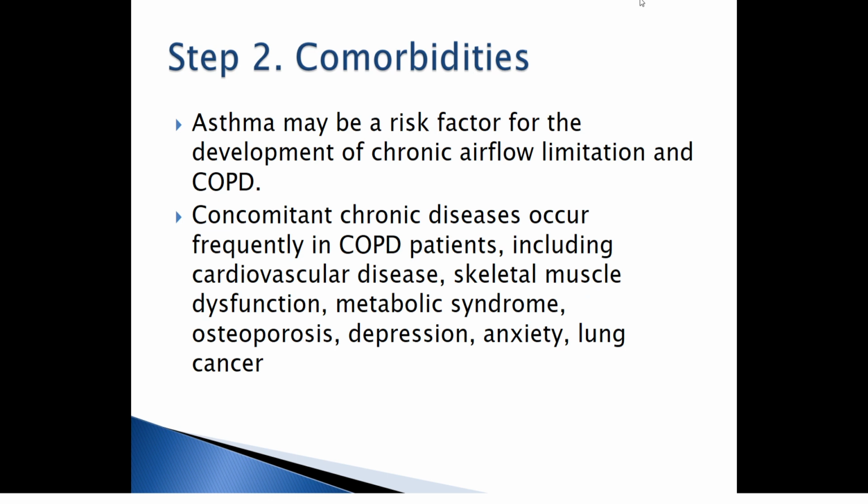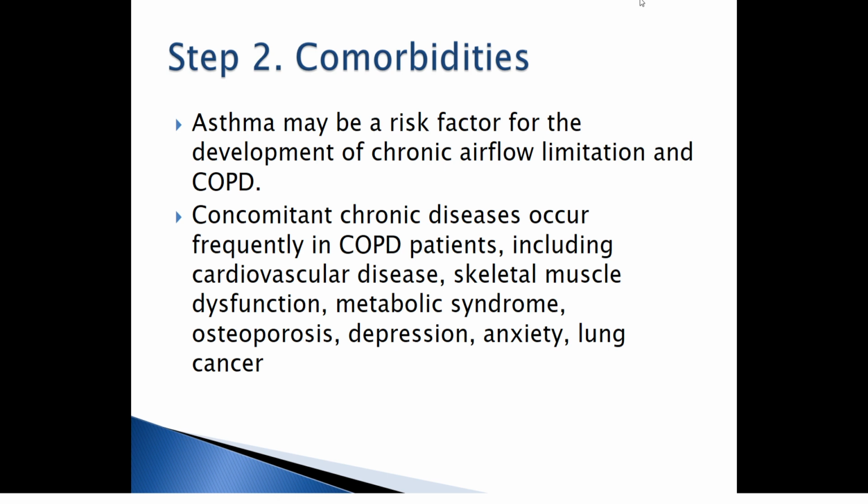Comorbidities. Asthma may be a risk factor for the development of chronic airflow limitation and COPD. So asthma can cause COPD. COPD more frequently in patients with asthma than in healthy patients. If there are some problems in airflow, it means that it can cause a different disease.